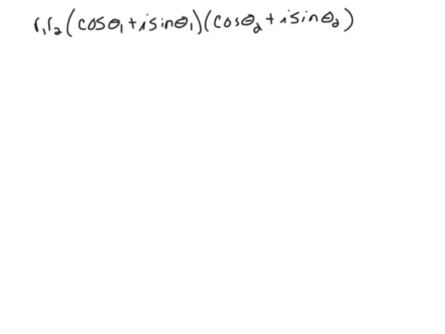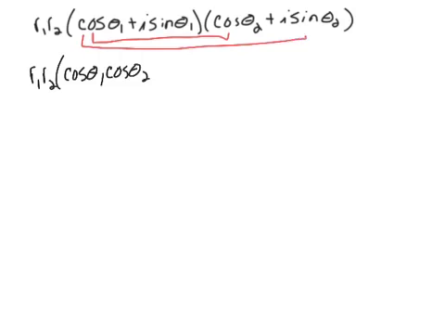So we do cosine theta 1, cosine theta 2, so r1, r2, and then in parentheses, cosine of theta 1, cosine of theta 2, and then we have cosine of theta 1 times i sine of theta 2.